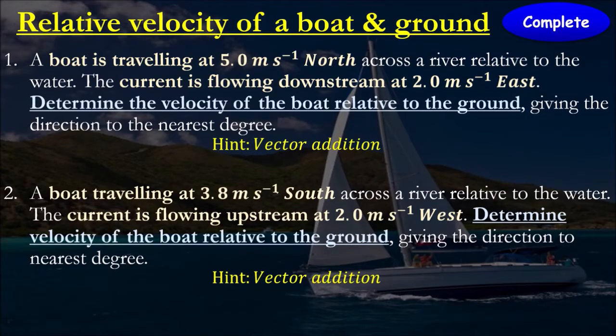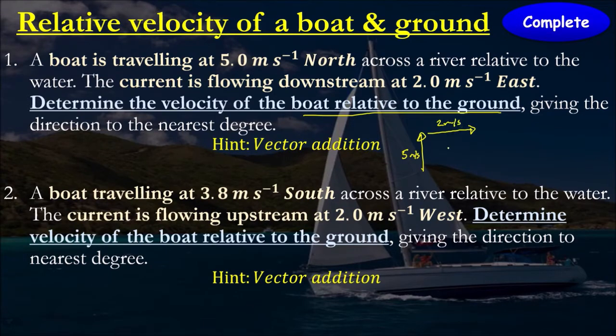First things first, we have a couple of questions. And do note what's the question asking. It's asking you the relative velocity to the ground. So you're looking at this simply through the lens of vector addition. So you have a boat that's moving north, at 5 meters per second, and you have a current flowing downstream 2 meters per second east.